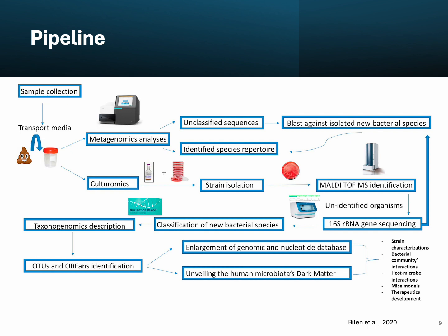Now, before I move to talk about the role of culturomics in clinical microbiology, I want to talk a bit about the pipeline of culturomics, which was developed during our effort to describe the human gut microbiota composition. Basically, samples are collected using special transport media to protect anaerobic organisms from oxygen. Part of the samples collected usually goes for sequencing by metagenomics and the other goes for culturomics.